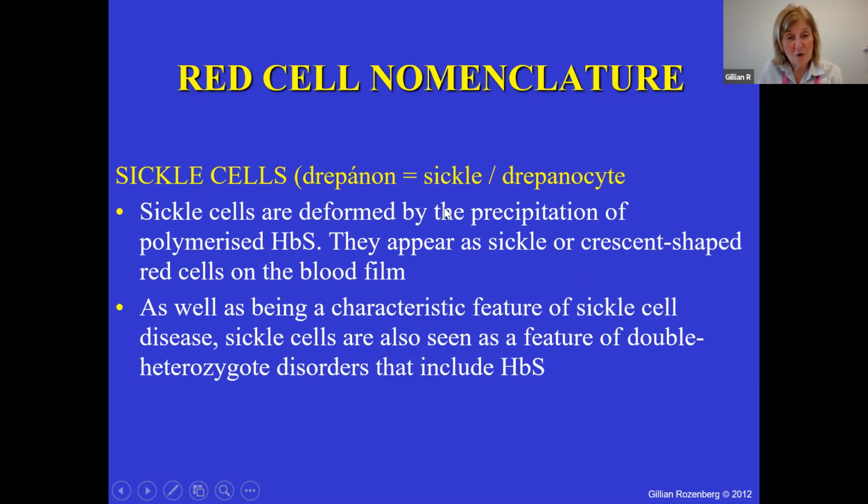Sickle cells are deformed by the precipitation of polymerized hemoglobin S. They appear as sickle or crescent-shaped red cells on the blood film. As well as being a characteristic feature of sickle cell disease, sickle cells are also a feature of double heterozygote disorders that include hemoglobin S.